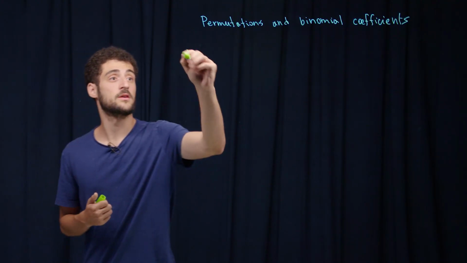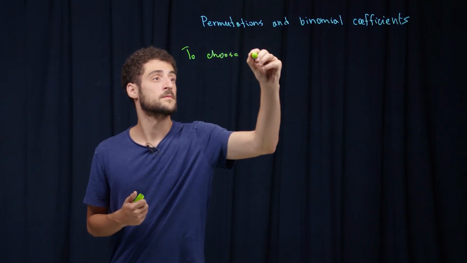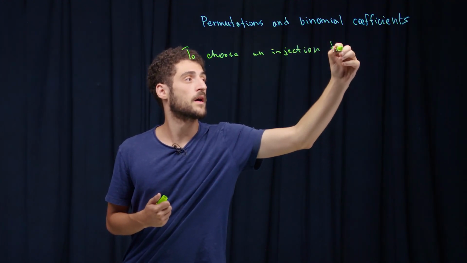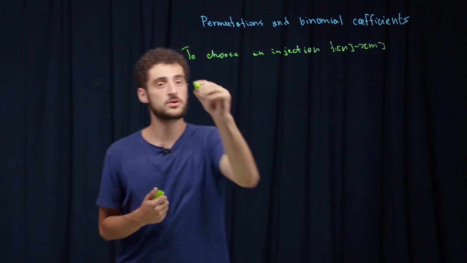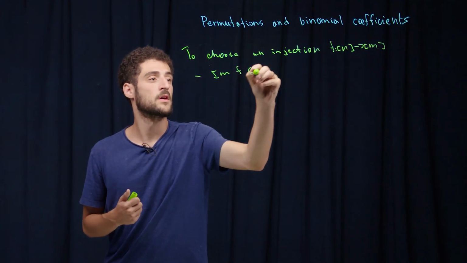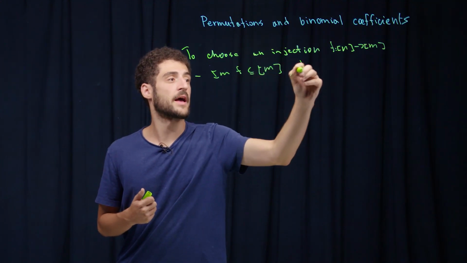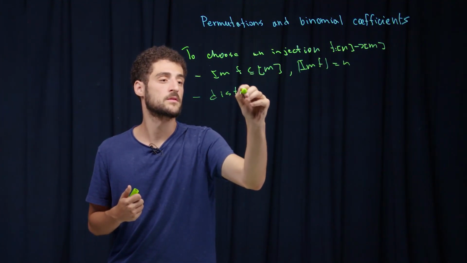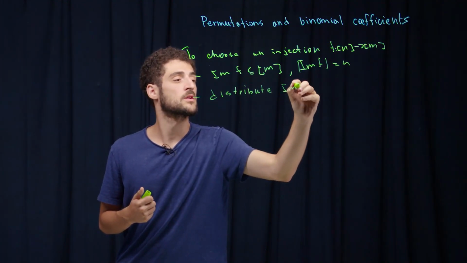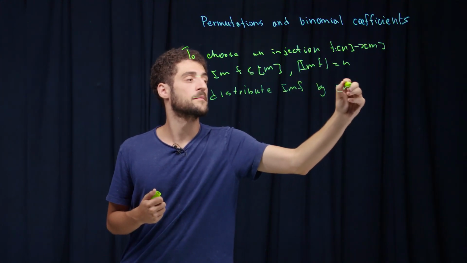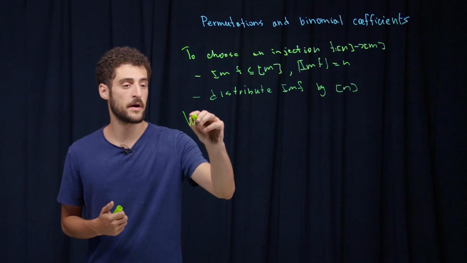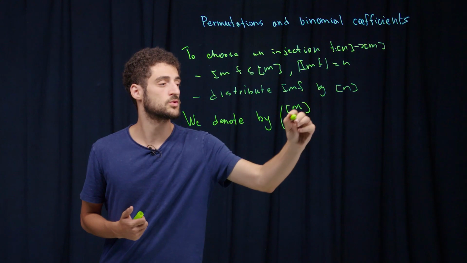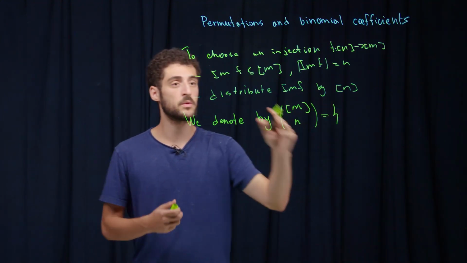To choose an injection f from n to m, we need to choose the image of f of size n and distribute the image by n. We denote by m choose n the set of all possible ways to choose the image of f.